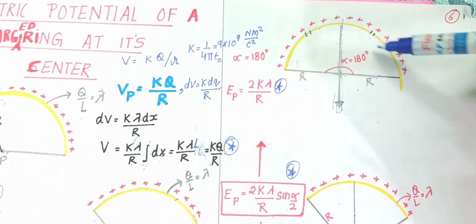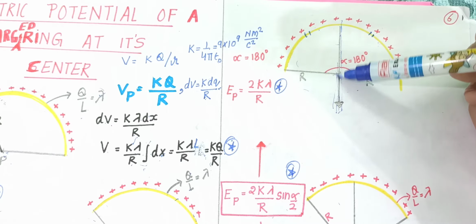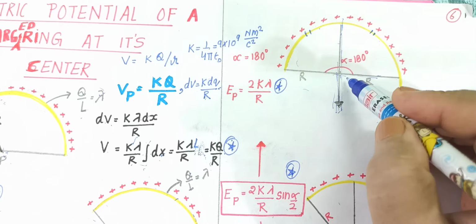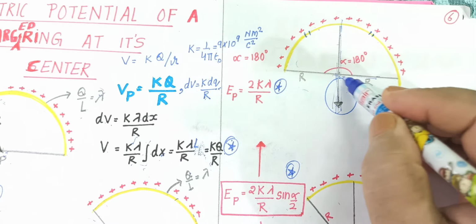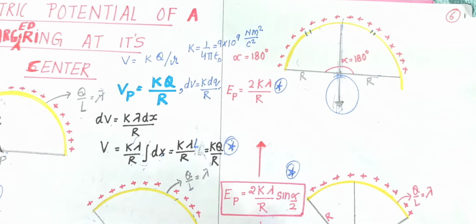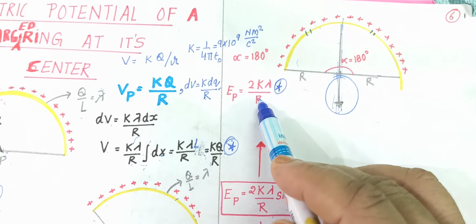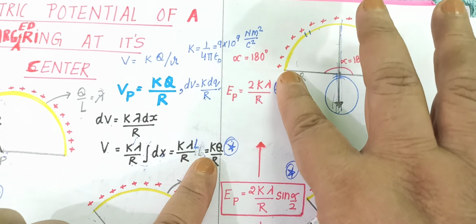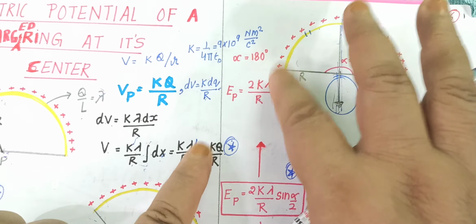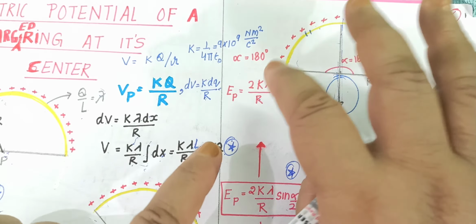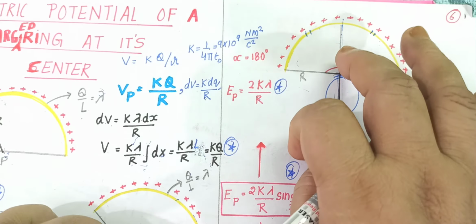So the whole ring is producing electric field in this direction. Now the direction you need to remember. And the formula 2k lambda by r. Keep them side by side and keep both the formulas in the folder of your memory.